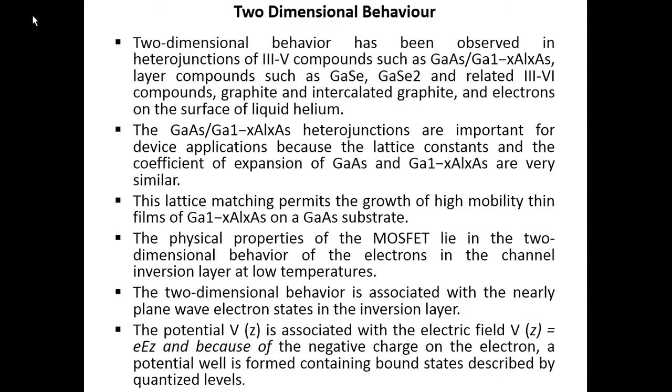Now, two-dimensional behavior. What is meant by two-dimensional behavior? Two-dimensional behavior has been observed in heterojunctions of III-V compounds such as gallium arsenide and gallium aluminum arsenide layers, or compounds such as gallium selenide and related III-VI compounds. Those come under the III-V compound and III-VI compound tables. It is also observed in graphite and intercalated graphite, and electrons on the surface of liquid helium.